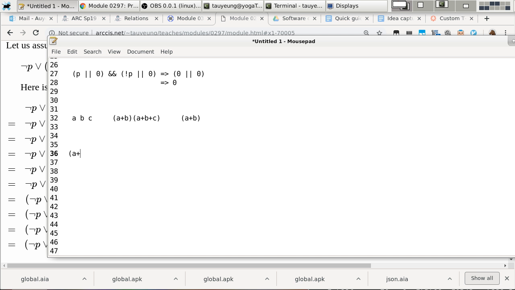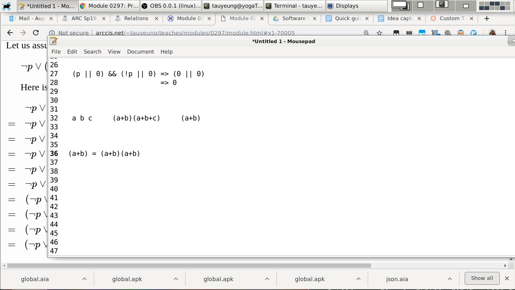Okay, so we got A or B, right? Can anyone dispute that A or B is really the same thing as A or B and A or B? Would that be okay? No one is going to complain about this?